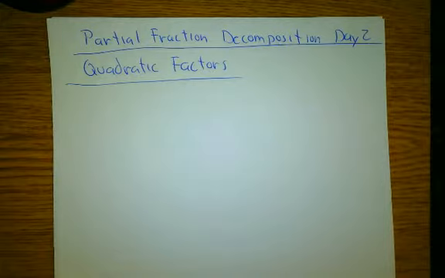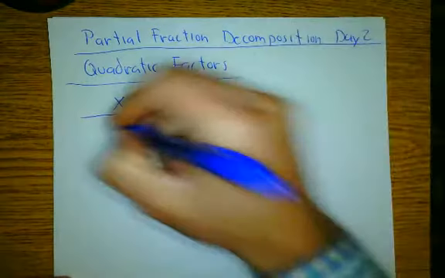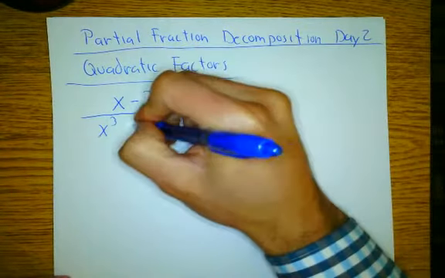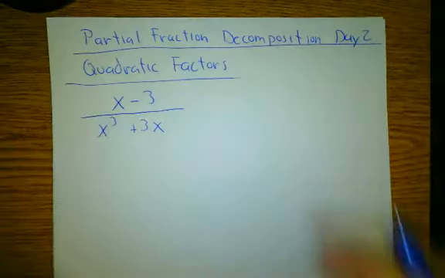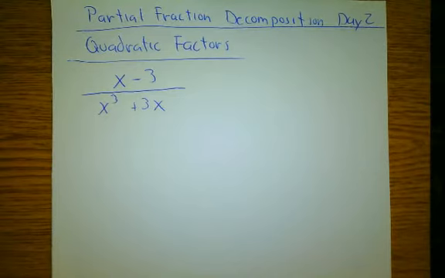So we'll begin with a problem that looks like this. x minus 3 divided by x to the 3rd power plus 3x. Okay? Now, I know that I've been calling all these different scenarios case 1, case 2, etc., right?